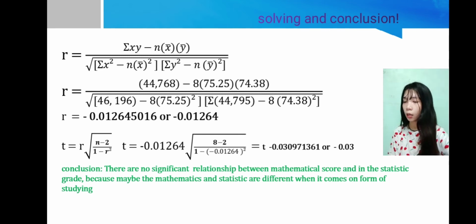T equals radical sign 8 minus 2 over 1 minus negative 0.01264 raised to 2 equals T is negative 0.3097131, negative 0.03. Conclusion: there is no significant relationship between mathematical score and statistics grade because maybe mathematics and statistics are different when it comes to form of studying.